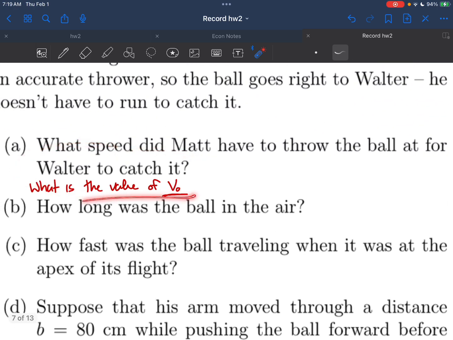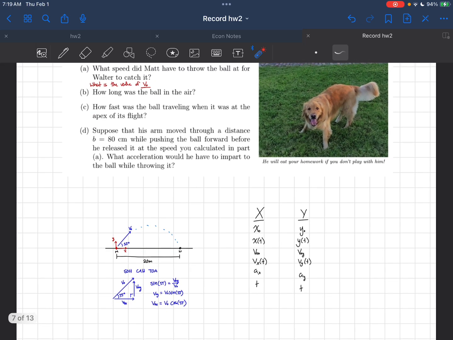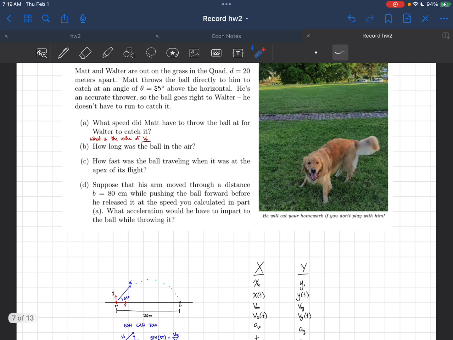And when I'm solving for one of these initial conditions, I want to think, what is the value of v naught so that my end result happens? What is the value of v naught so that the ball makes it over the river? What is the value of v naught so that Walter catches the ball?